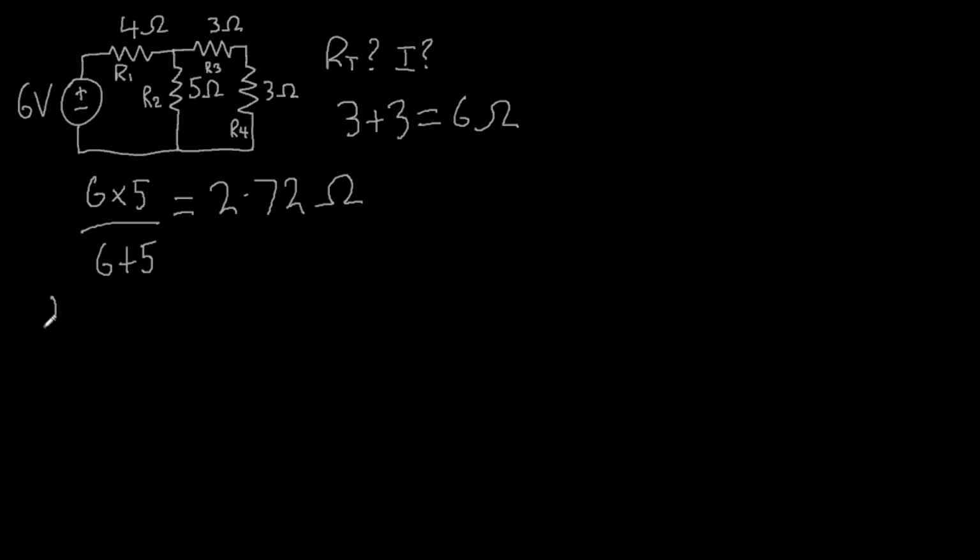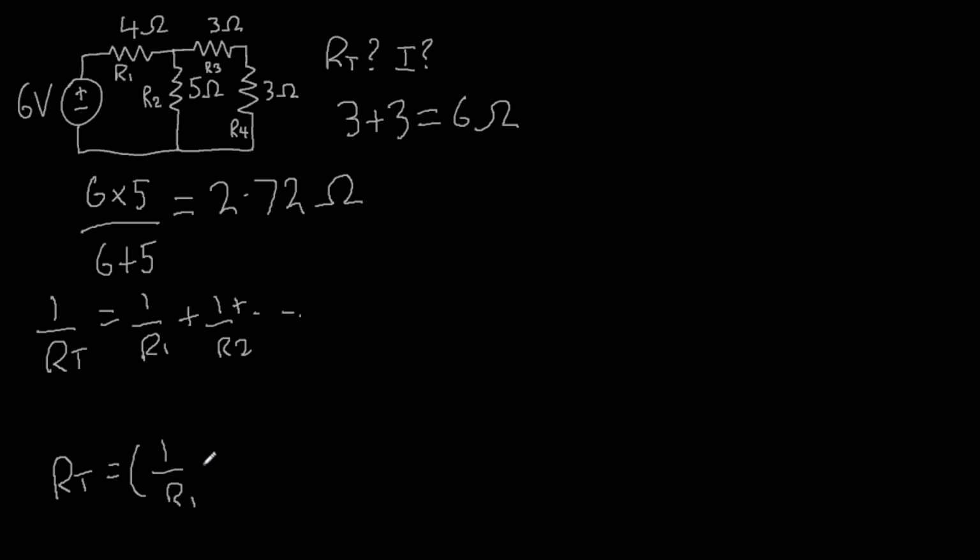The other method is to call back onto the parallel resistance formula, which is 1 over RT equals 1 over R1 plus 1 over R2, etc. By raising both sides to the power of -1, that's the way to add up multiple parallel resistors.